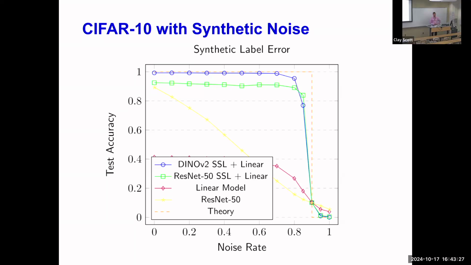Is ResNet 50 kind of a state-of-the-art classifier here in the no label noise case? I'm sure, probably not, right? Because Dino plus linear is doing a lot better than that, right? But you said no label noise case. Exactly. Right, Dino.